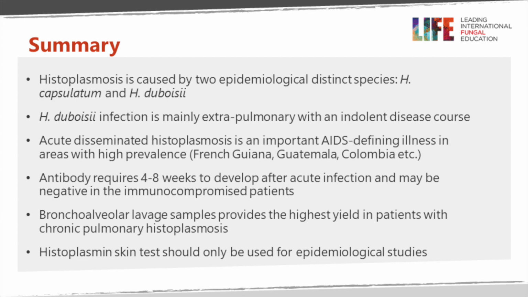Acute disseminated histoplasmosis is a really important AIDS-defining illness in areas with high prevalence, particularly in the Americas. After acute infection, antibody develops in patients, but may be negative in immunocompromised patients, and is also not very good for diagnosing chronic adrenal infection in patients with adrenal enlargement.